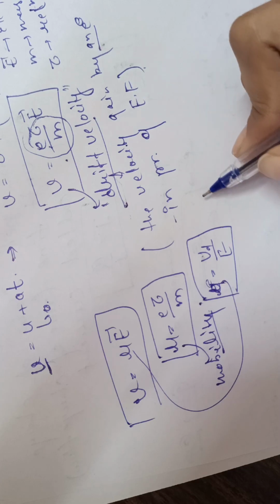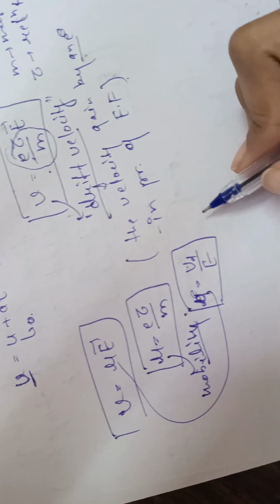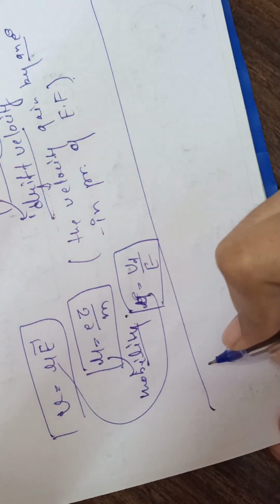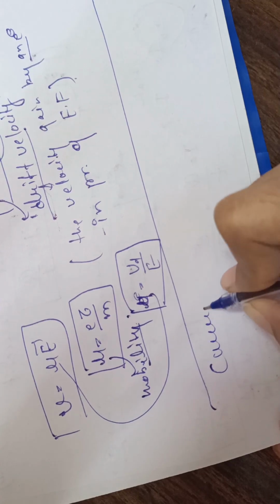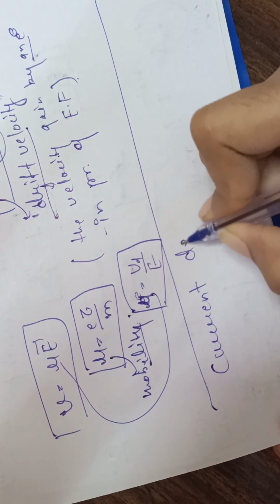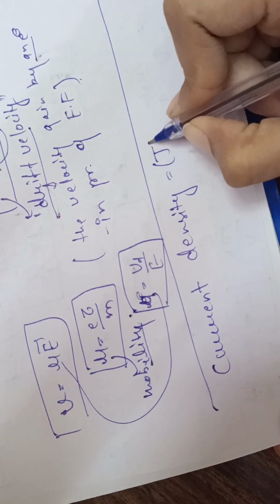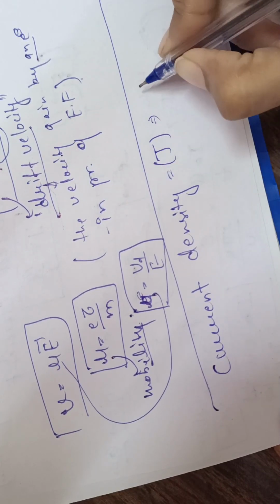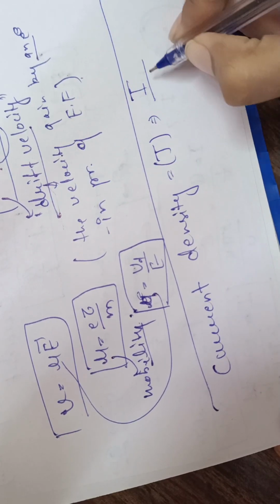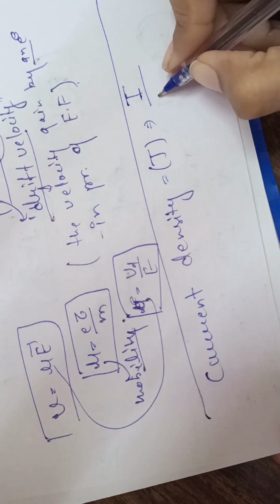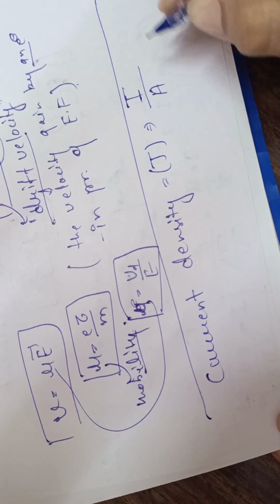And there is another term, that is the current density. We will denote it by J. J is the current flowing through any cross sectional area per unit cross sectional area.